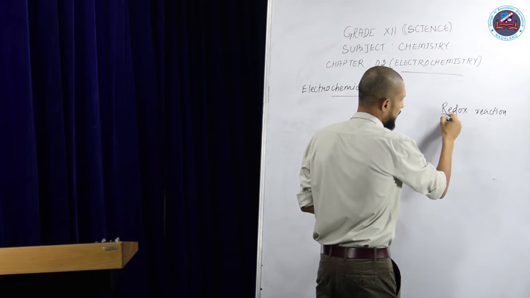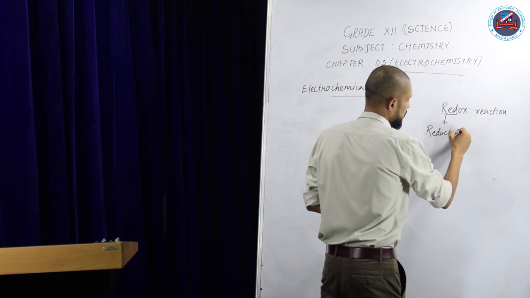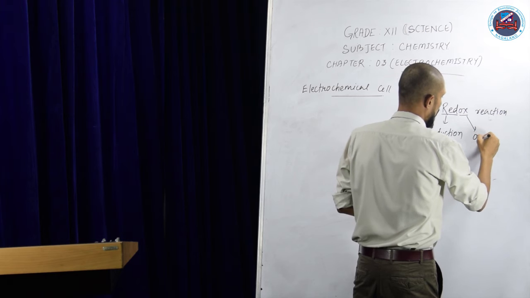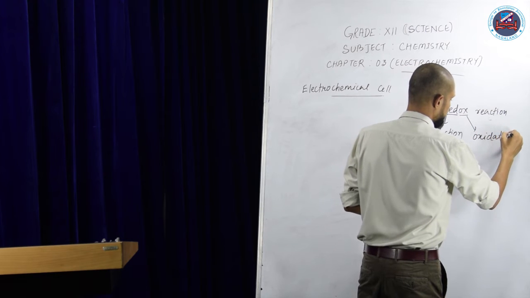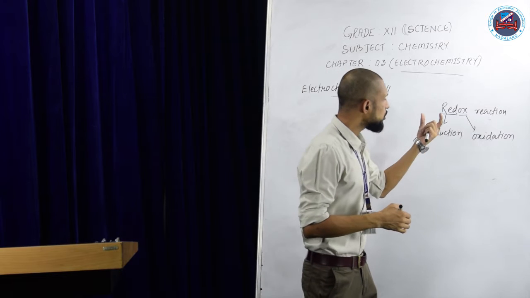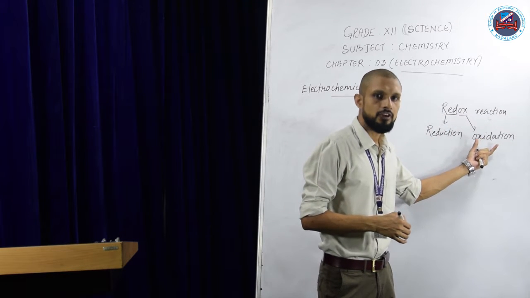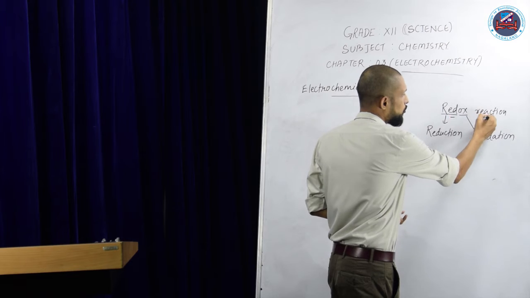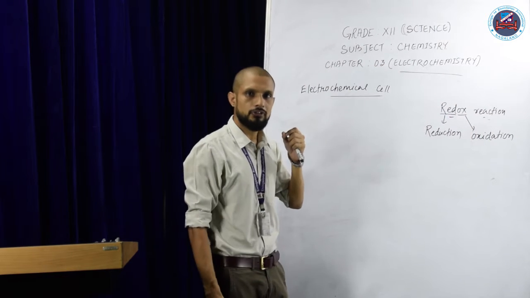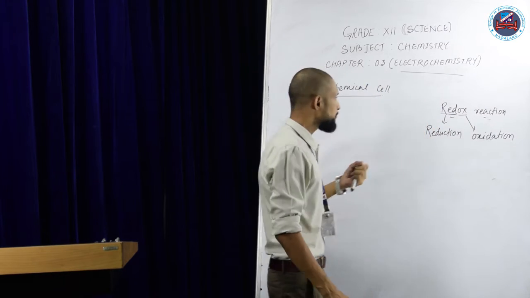RED, red stands for reduction, whereas OX stands for oxidation. So the reaction where both reduction and oxidation takes place is known as redox reaction. So for an electrochemical cell, you need to have a redox reaction, okay?